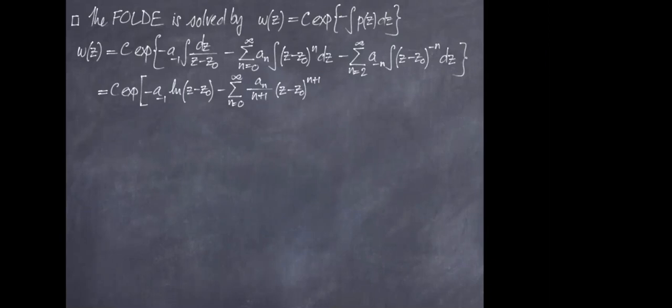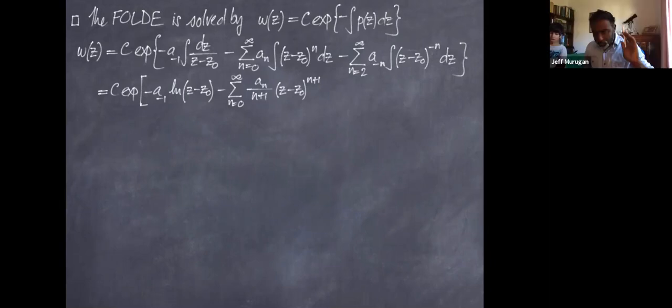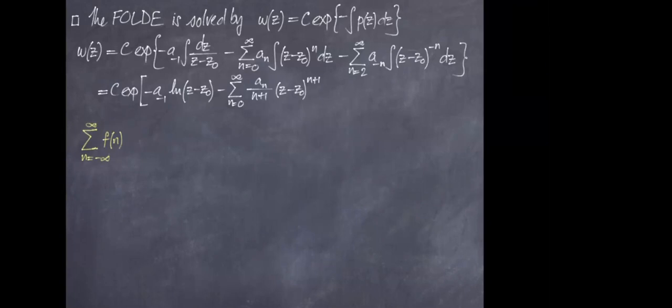Okay, so let's go over it again. Remember, we have an expansion of p of z, and the terms go from n equals minus infinity through to plus infinity of some function of n. Do you agree? Yes.